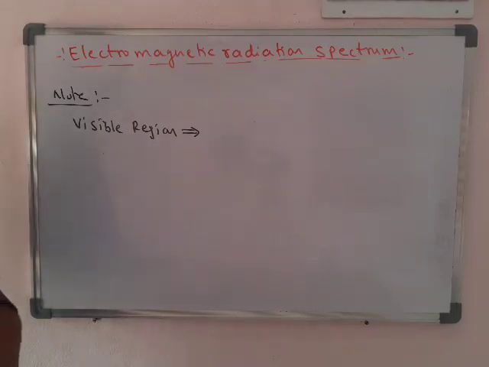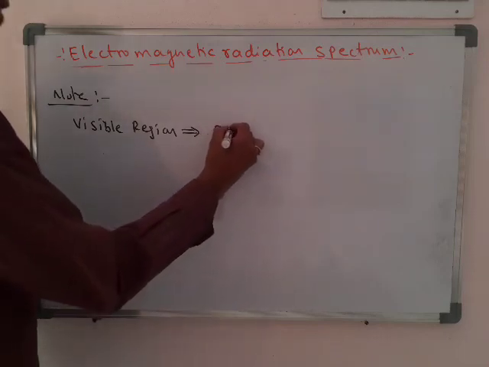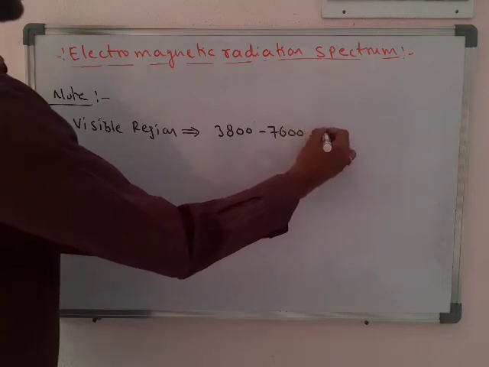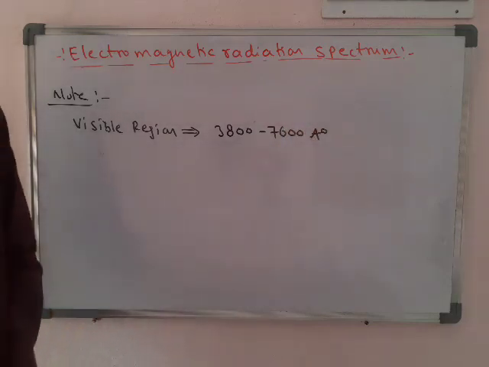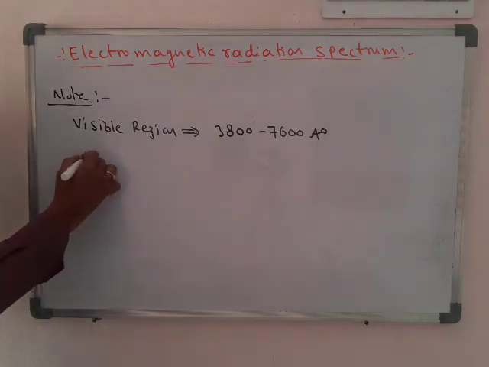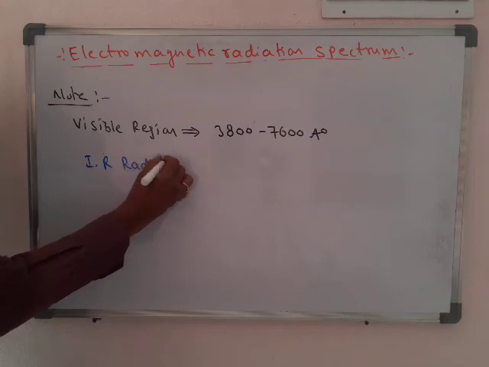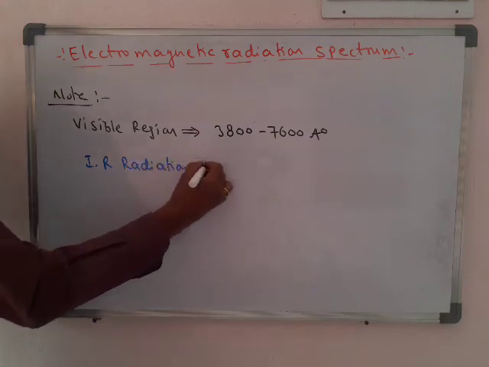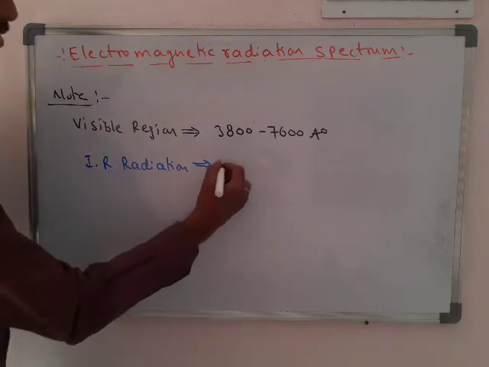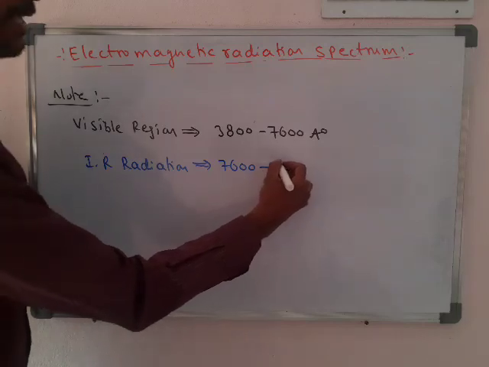Its wavelength is approximately 3800 to 7600 angstroms. Next, the wavelength of infrared radiation is approximately 7600 and above, up to 10 power 6.